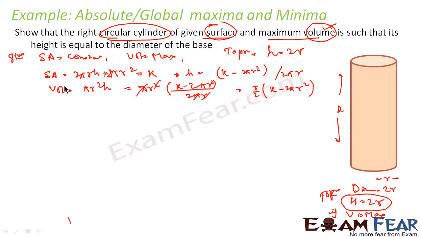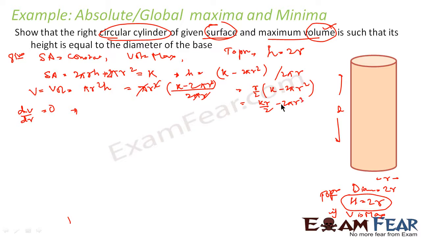Now I have to find the value of r for which this volume is maximum. For this, I can find dV by dr and make it 0. Whatever r I get, that is a point where this volume will be maximum or minimum. So let's find dV by dr. This I can further write as k r by 2 minus pi r cube.